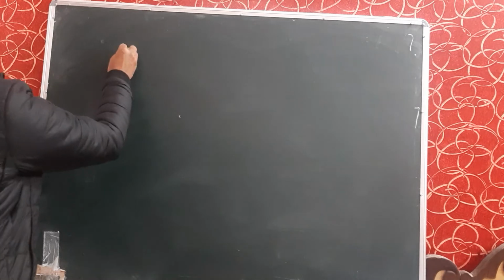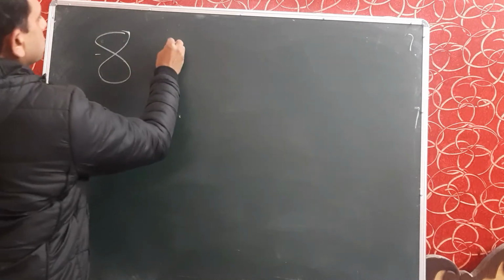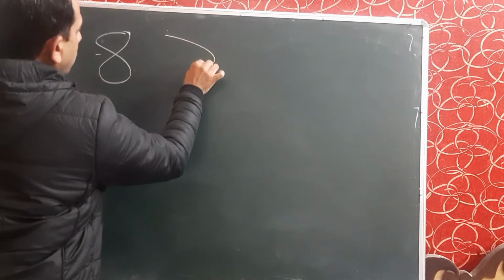We will focus on the graphical shapes which we obtained in the special cases on putting different values of φ. First is this figure of 8, and second is like this.